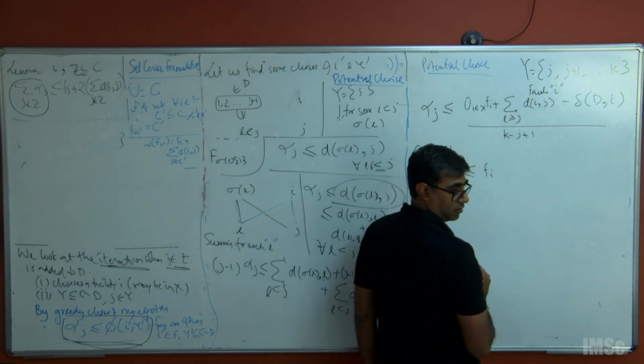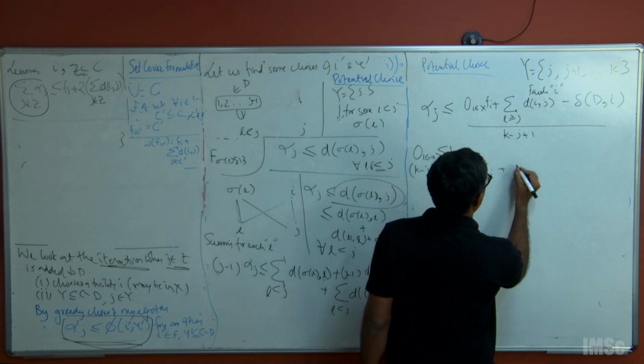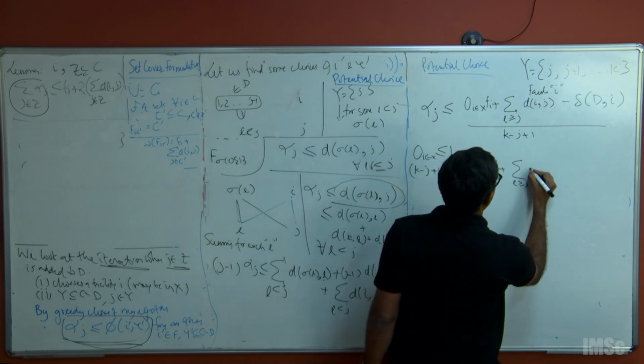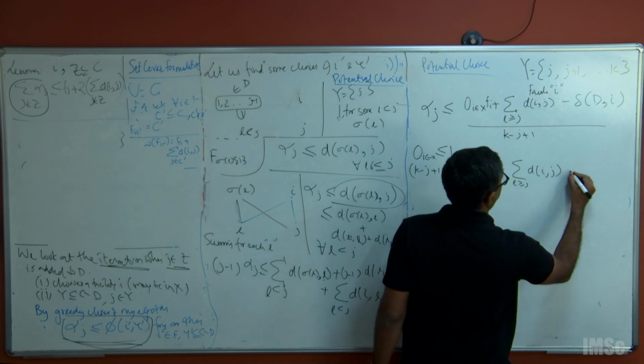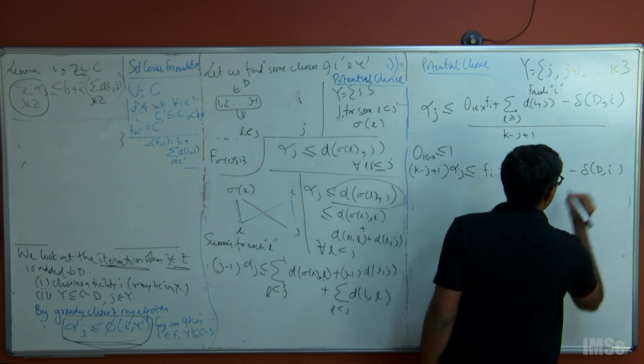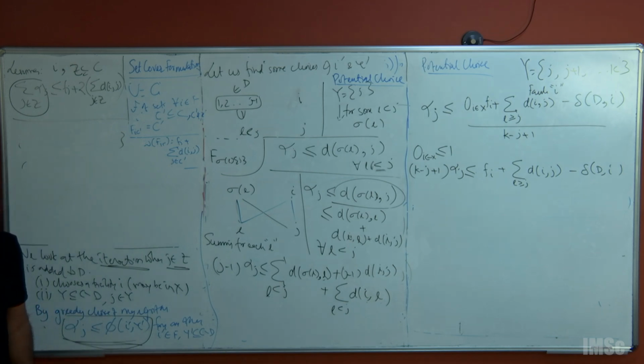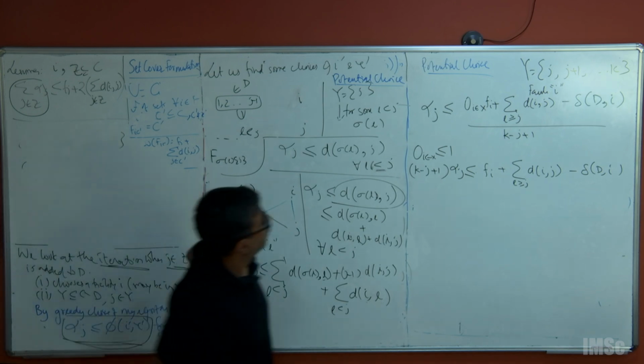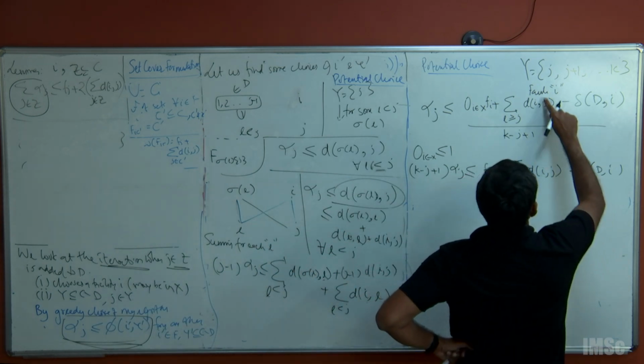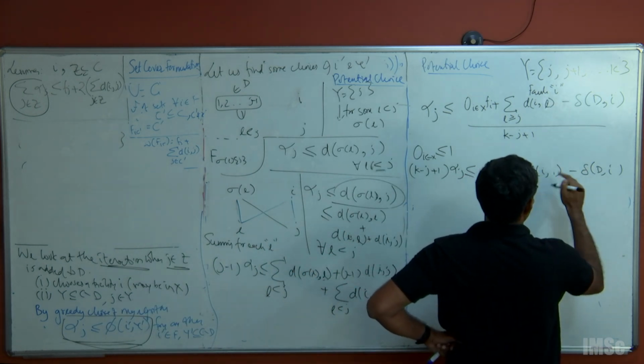It is f_i, since I am only drawing an upper bound. Is that fine?